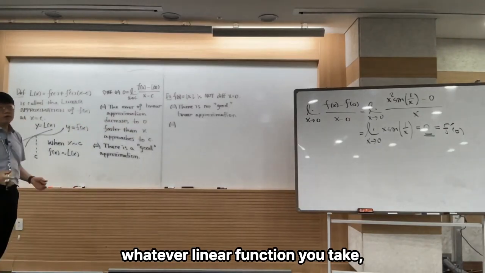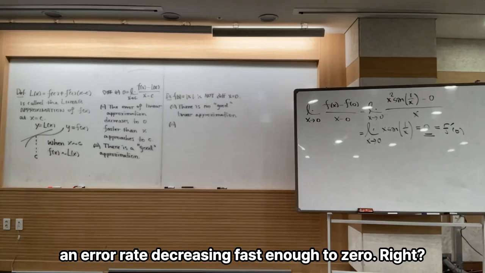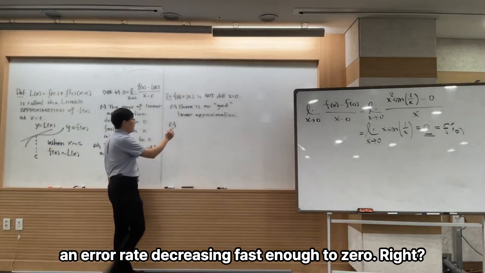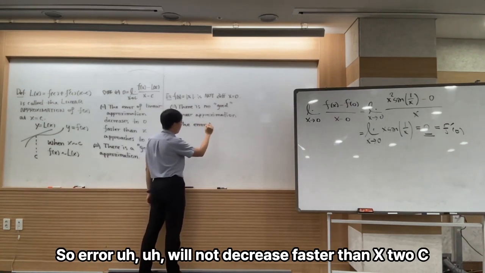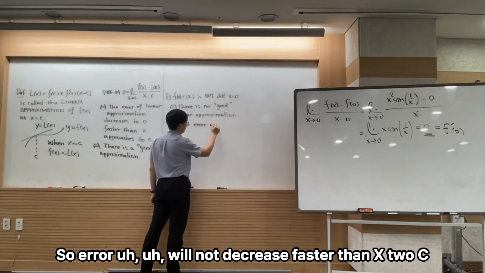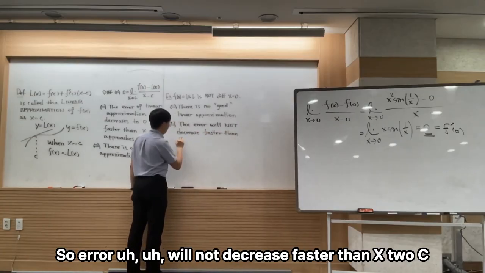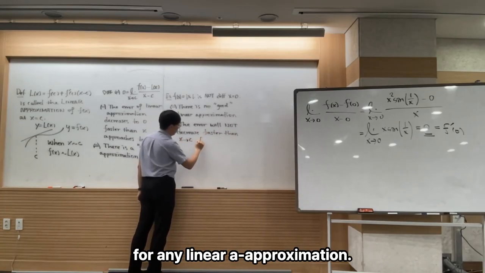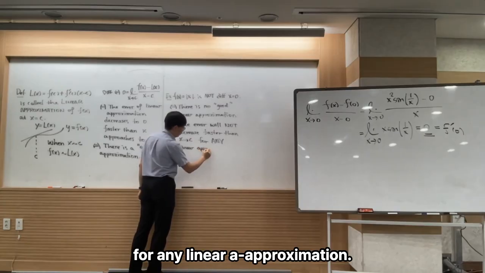Whatever linear function you take, it's not going to have an error decreasing fast enough to 0. The error will not decrease faster than x goes to c for any linear approximation.